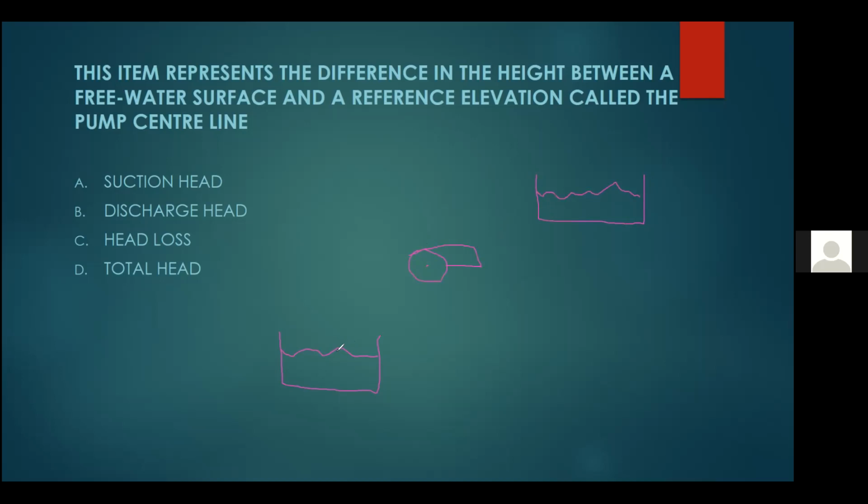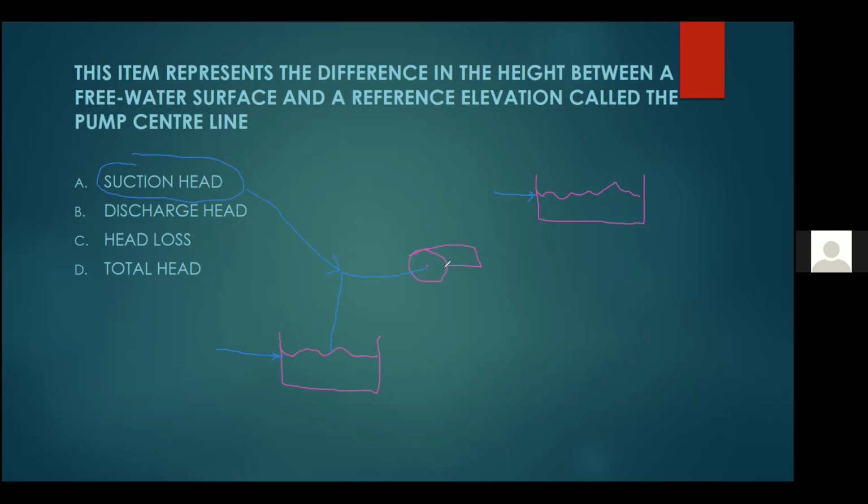A free water surface is water open to the atmosphere. This would be a free water surface here, and this would be a free water surface here. If I pull water from a free water surface to the center line of the pump, this is suction head, right there.